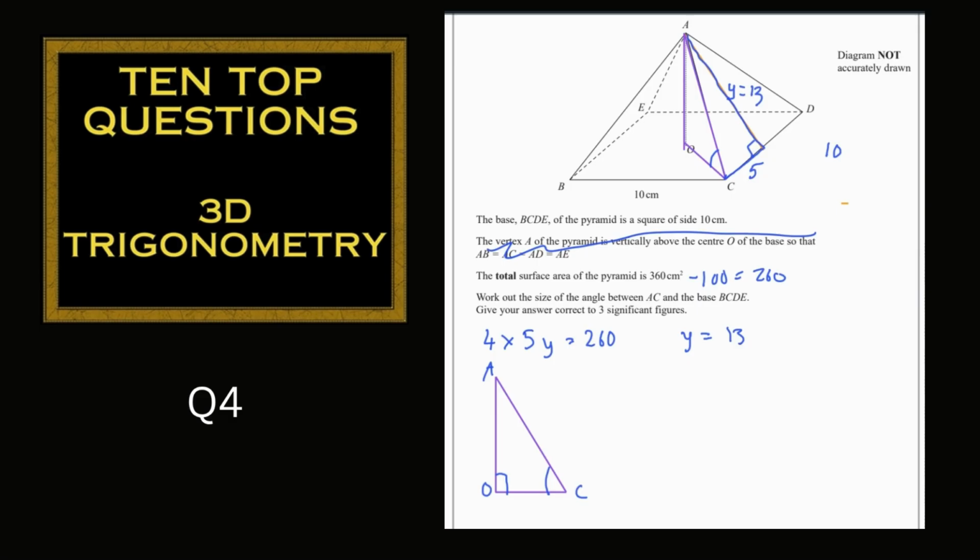On this blue triangle, AC, as you can see, is the hypotenuse. A to C means we need to square and add, and then square root. 169 plus 25 is 194. You could use a decimal equivalent, but I'll stick to that.